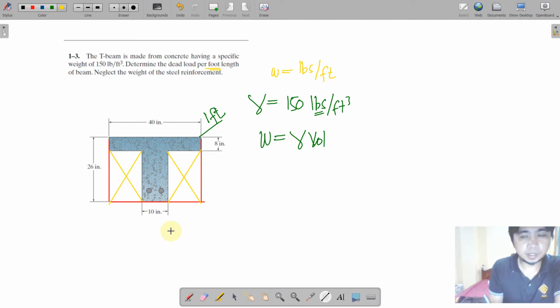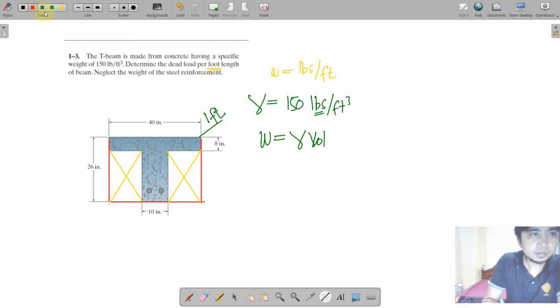Okay, so it is up to you what is your convenience. You can do a composite area composing of two rectangles, dividing it by the web as well as the flange, or buuin nyo yung rectangle and then just deduct two smaller rectangles. Okay, so is that clear?